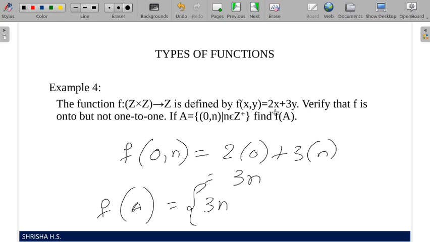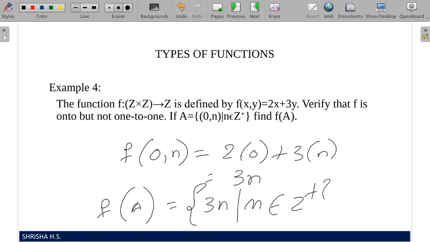However you progress the function, 2x will not have any effect on our value, only 3y will have an effect. That's what is represented by 3n. Okay, so this range f of A consists of 3n, where n belongs to the positive integers.